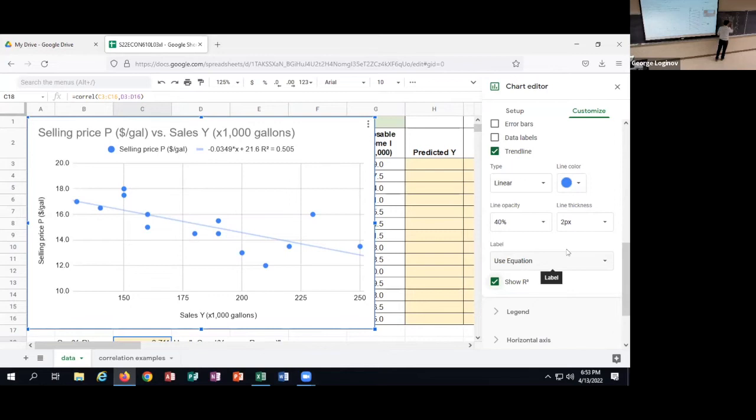The reason that they show you correlation squared is because it has a meaning to it. It simply says that roughly 50% of the variation in sales can be explained by the relationship between sales and price. 50.5% of variation in sales can be explained by price.